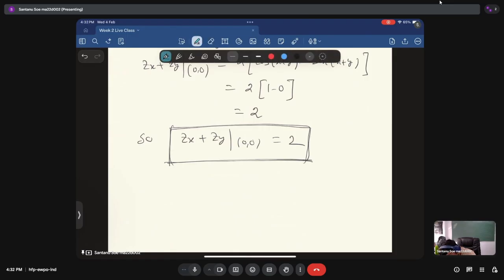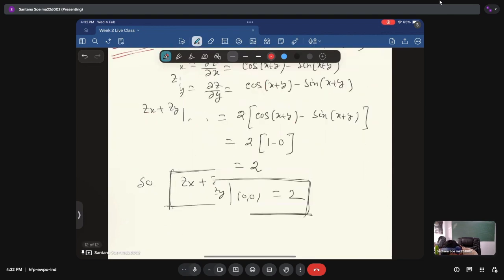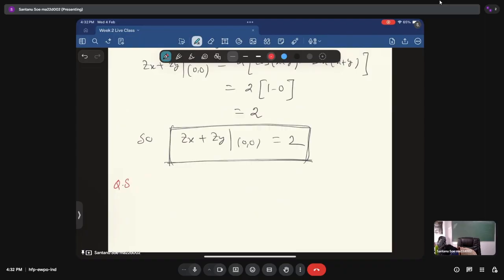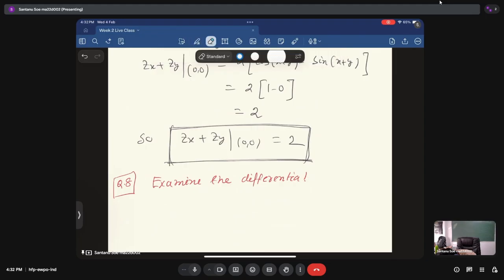So we're going to go to the next question. So I think this will be question number 8. So examine the differentiability of f at 0, 0.